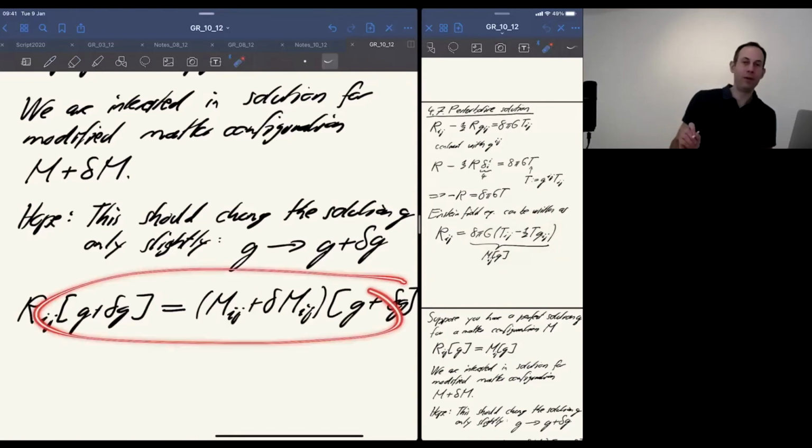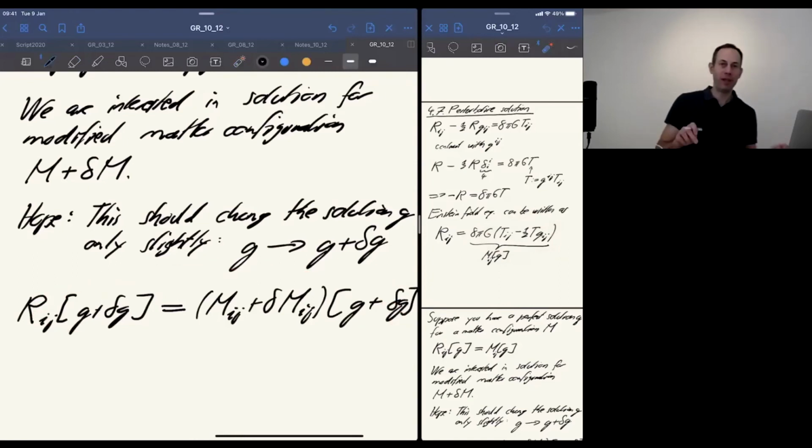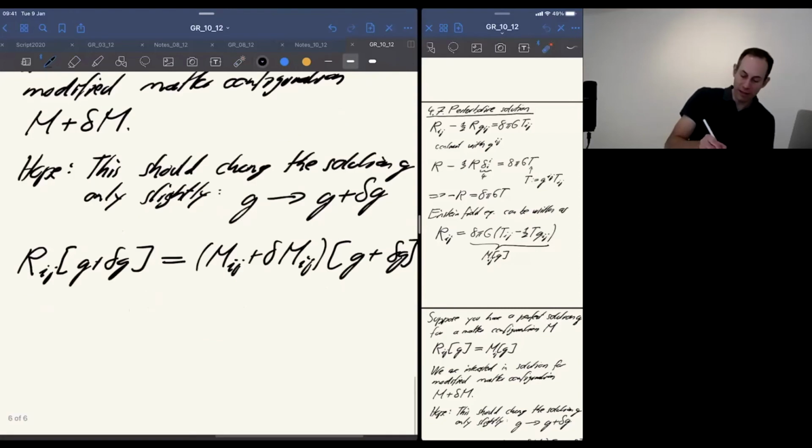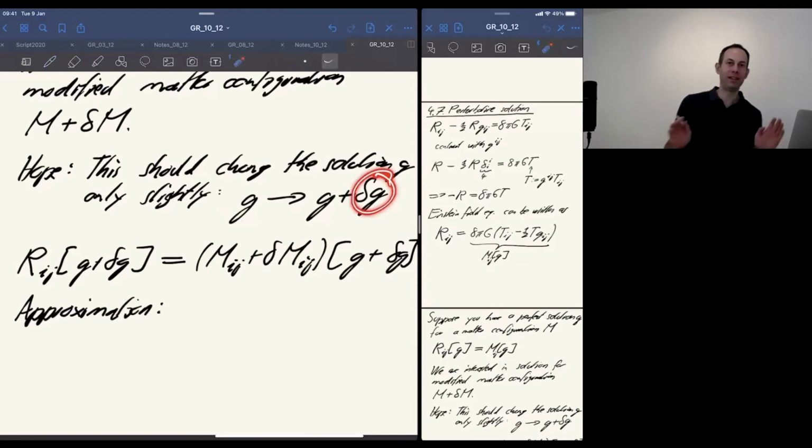But of course, we have to be satisfied with approximations. And one approximation we're making, or we are trying to make, is because G is now small. At least that's our hope. So suppose this hope now holds, that will be our assumption for the future. The right-hand side will not change much if we here change the delta G from before.